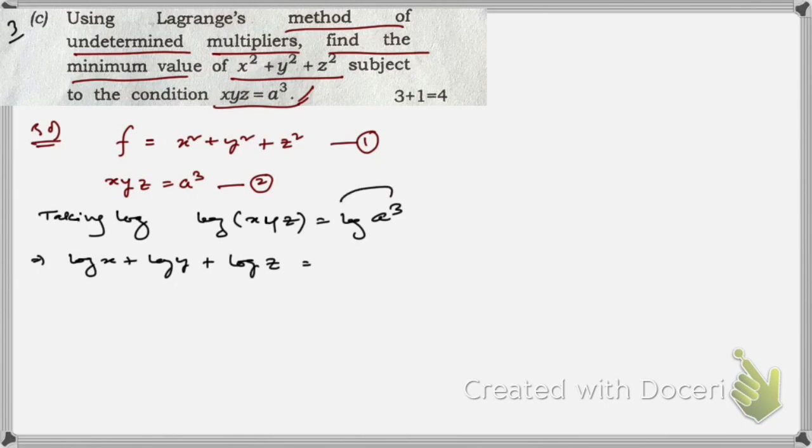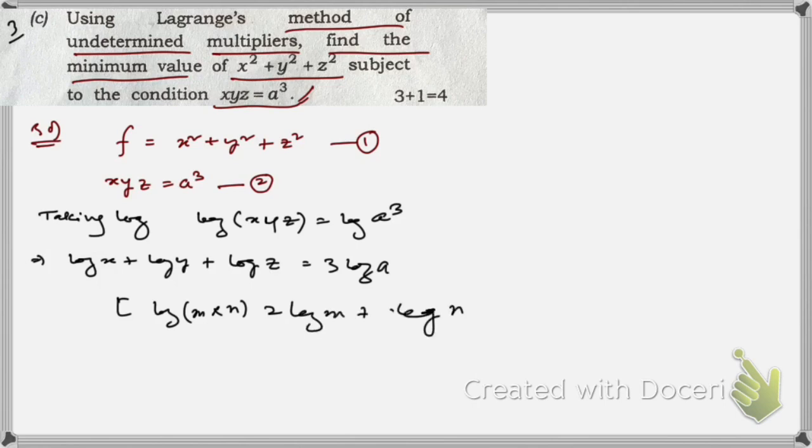So here this power should be written before log a. Because we know the properties, log of m into n is equal to log of m plus log of n, right? Then log of m to the power n can be written as n log m. So hope you know those properties, right?